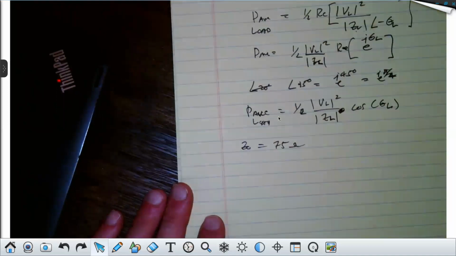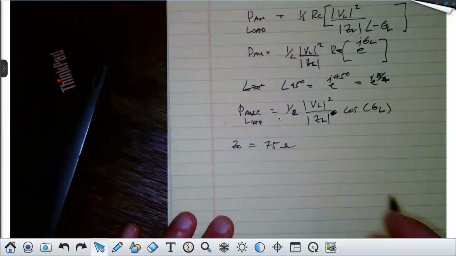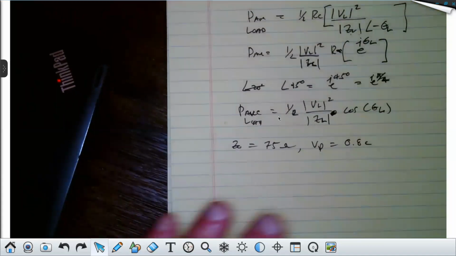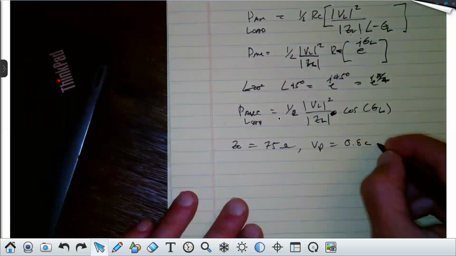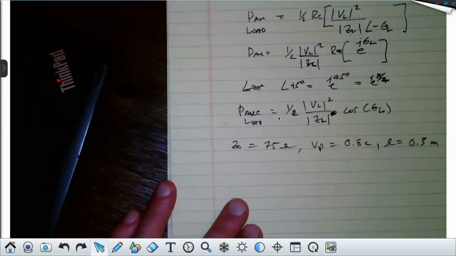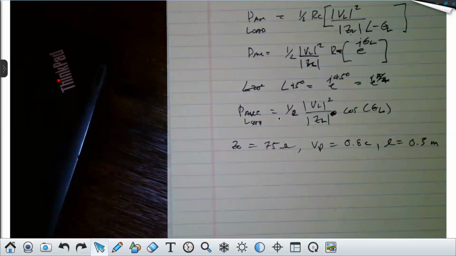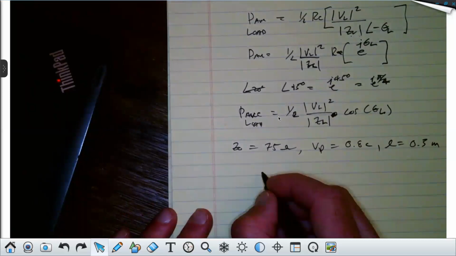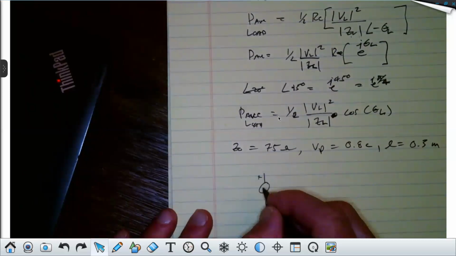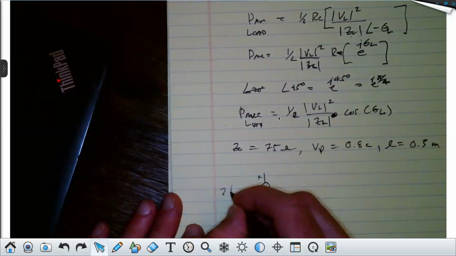Next he gives you V phase is equal to 0.8 C. And it's 30 centimeters long, so the length of the line is 0.3 meters. The supply voltage is 2 cosine of omega t. So when I'm drawing this circuit, I'm not going to put 2 cosine of omega t. What I'm going to do is put simply 2 at an angle of 0 degrees volts.